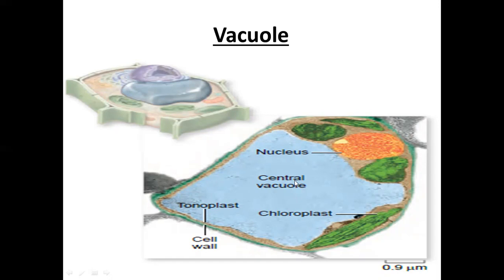The vacuole expands and the plant cell grows. That's the vacuole. It is present in all plant cells and also fungal cells, and some protozoa and some animal cells also have the vacuole.